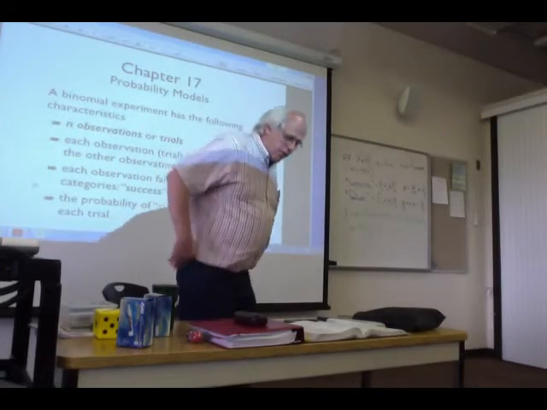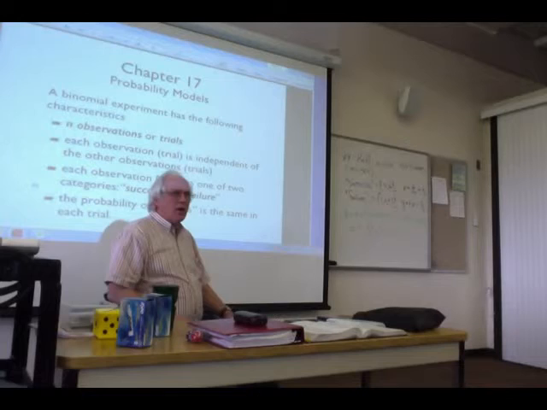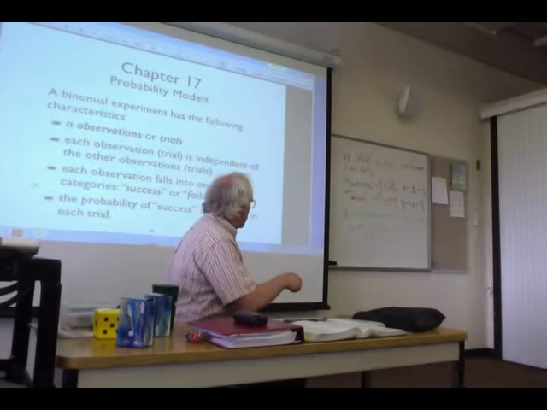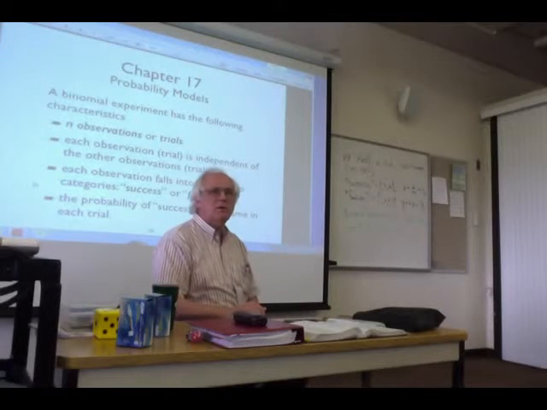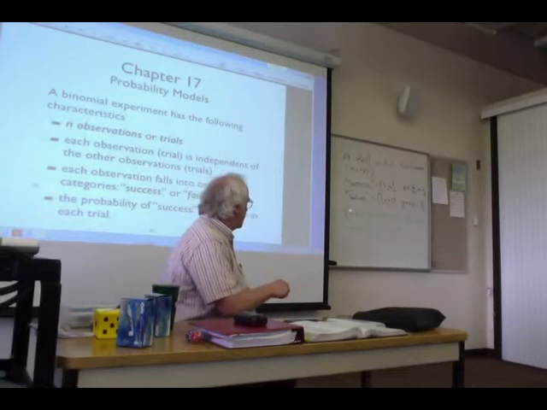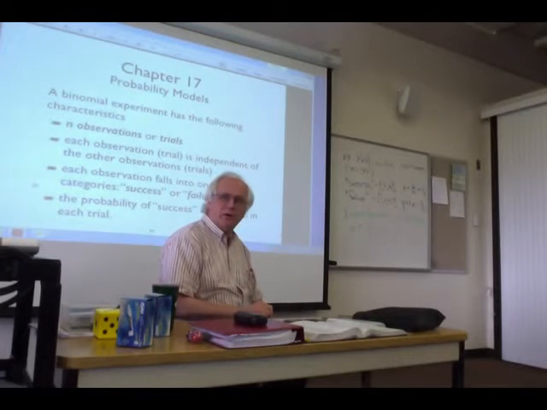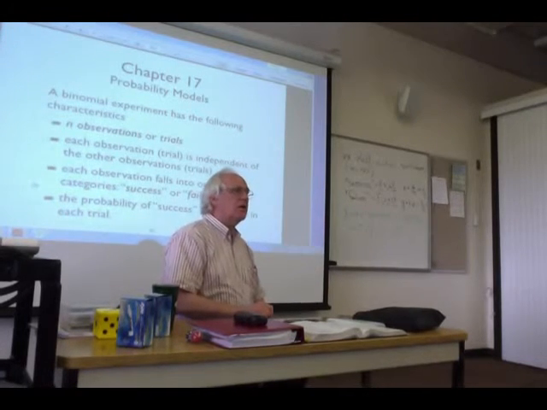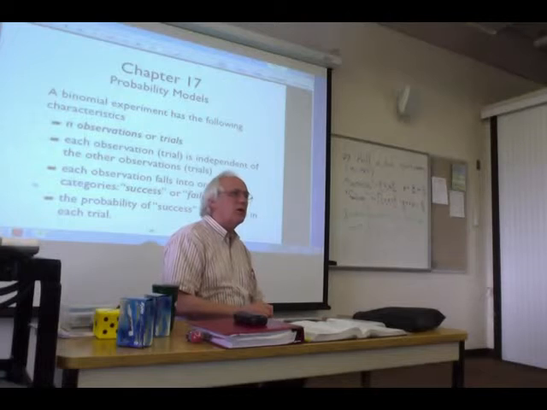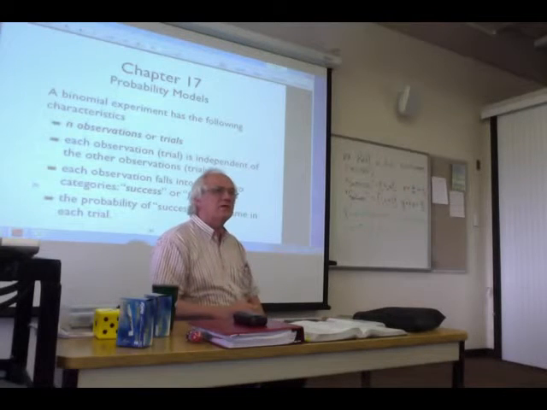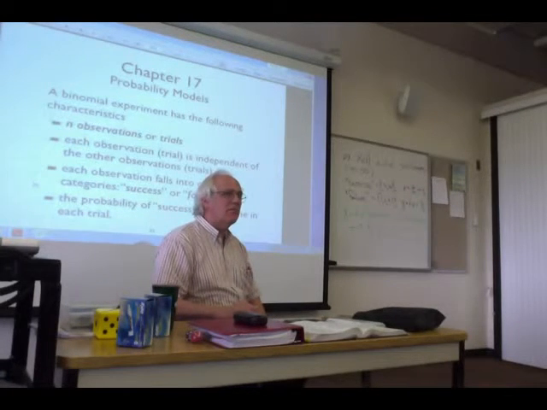X is a random variable. I'm going to show you how to compute the probabilities associated with every one of these values. You can compute the expected value of X. It turns out there's a nice little theorem that says there's a really easy way of computing it for binomial experiments. In this case, it would be n, 50, times 1/3. That's the expected value.